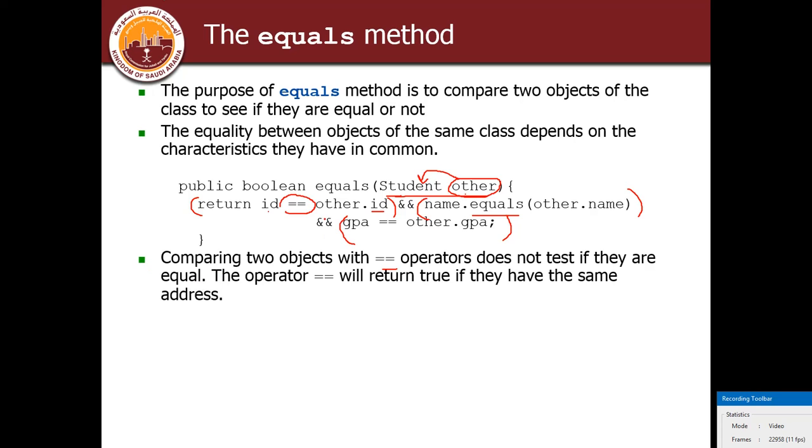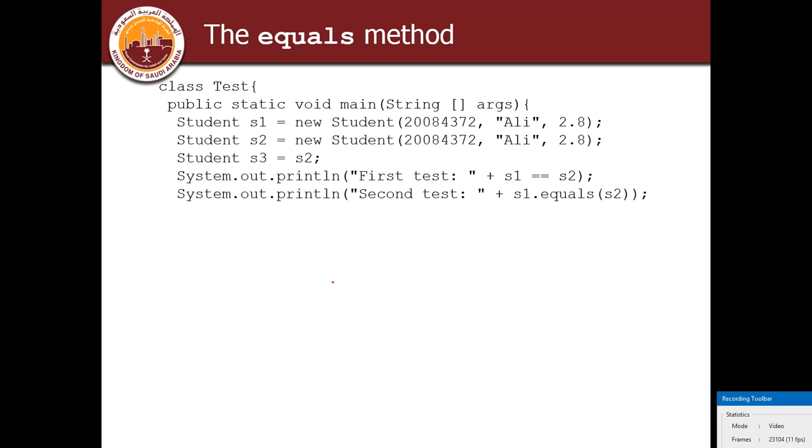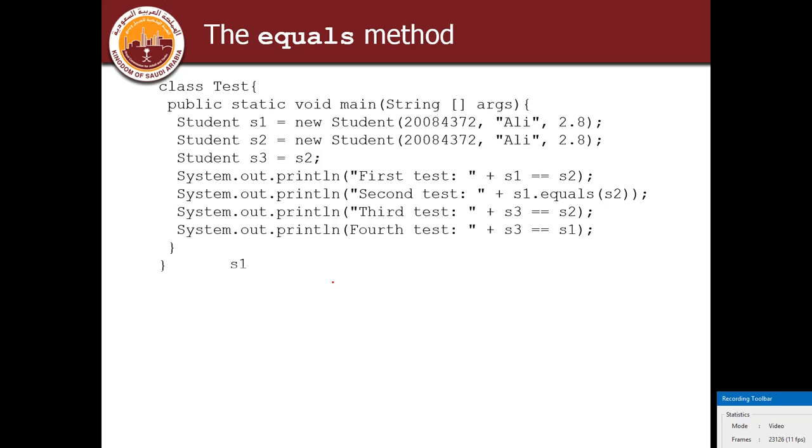This operator will return true if they have the same address. So if they are located in the same address, then only it will return true, else it will return false. Alright, so for example, if I take this example over here.